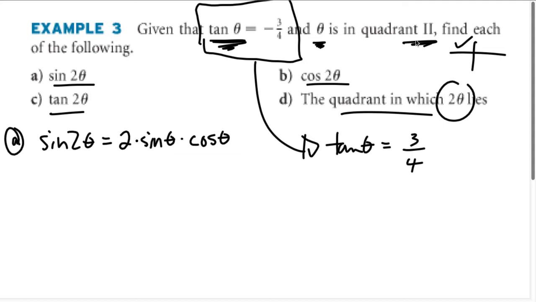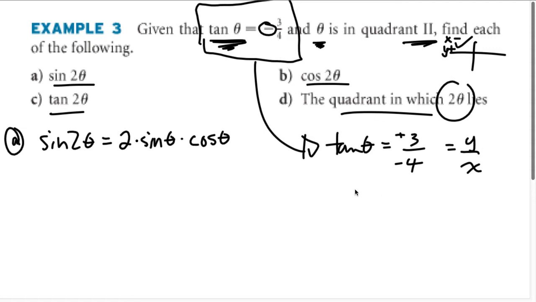They also say it's in quadrant 2, so x would be negative and y would be positive. Tangent is y over x, so y is positive, so the 3 is positive, and the x is negative, so the 4 has to be negative. That just identifies which of those numbers the negative goes with. Not that it matters a whole lot, but maybe in a question it would.